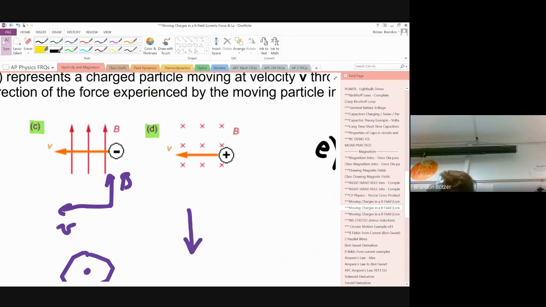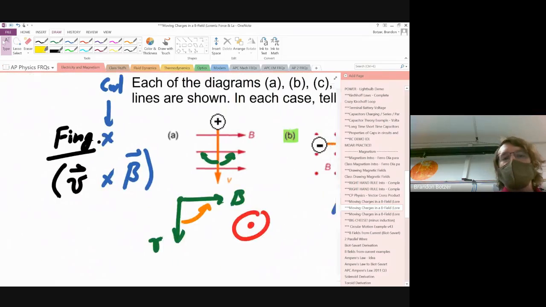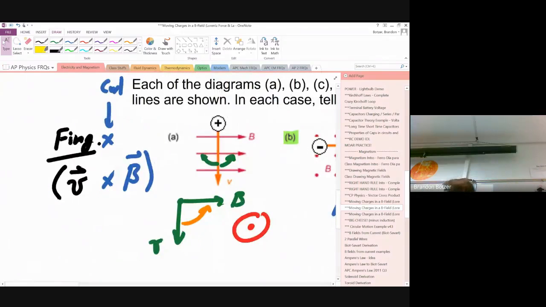Velocity, and then you curl to the B field. You always curl to the second vector. See, that's gonna confuse the heck out of me. Because it doesn't need to be a B field. There are many things that deal with this right-hand rule. The key is that fingers go to the first vector, curl to the second, and your thumb gives you the result. Okay? That is the key to it.